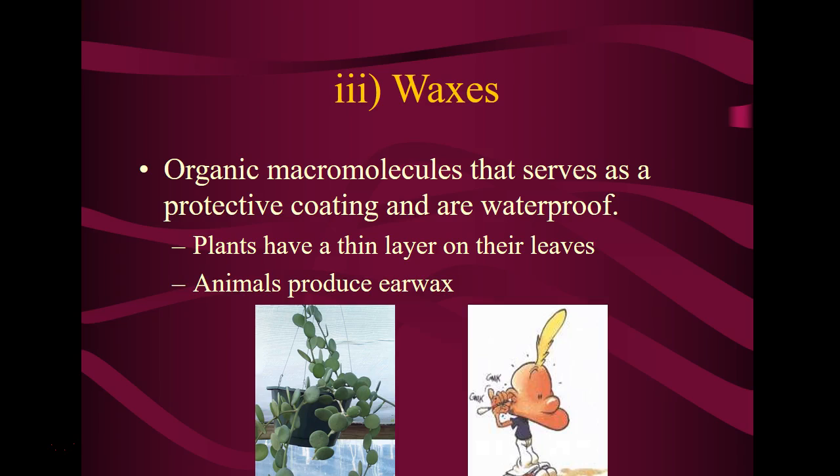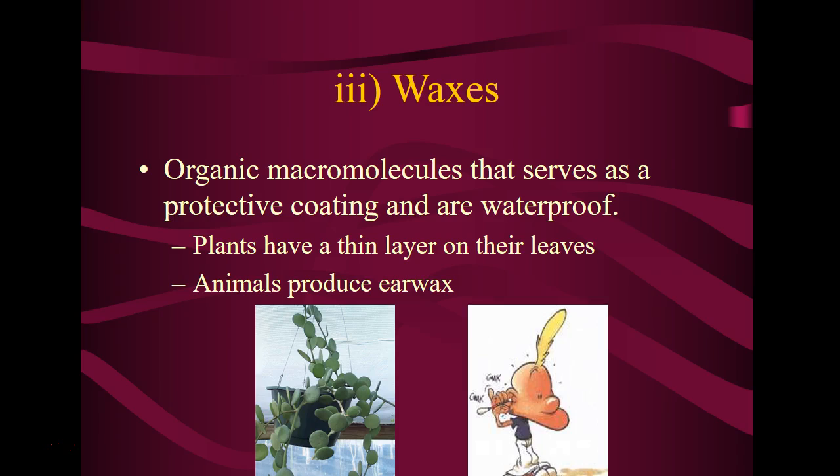The third type of lipid is waxes. Waxes also are organic macromolecules. They serve as a protective layer and make things waterproof. So if you've ever picked up a plant and there's like a waxy substance on the outside of the plant, that's called the cuticle, but that is a wax.